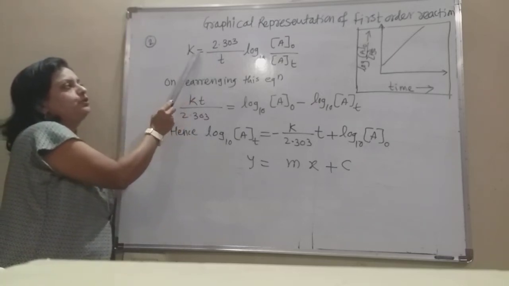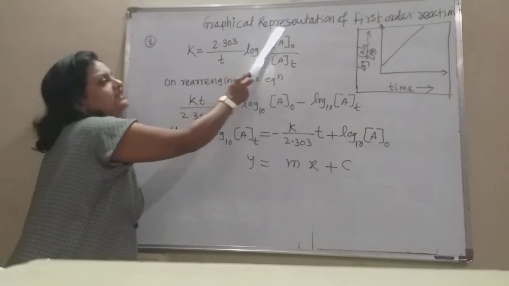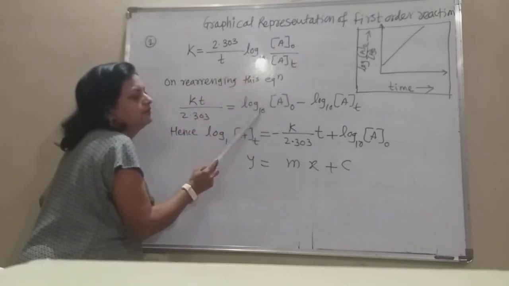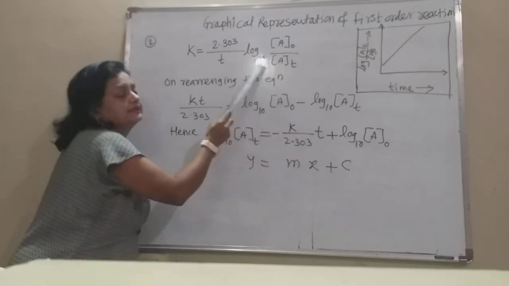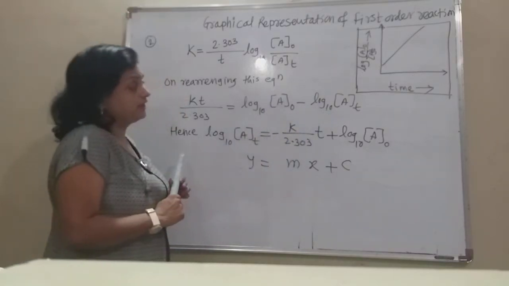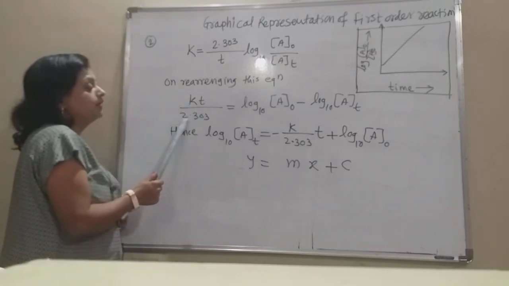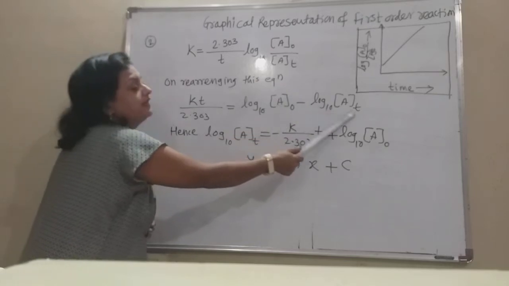So K into t divided by 2.303 is equal to the remaining quantity, but this quantity can be written as log to the base 10 of A0 minus log to the base 10 of At, because this is a division and that is subtraction. We can convert the log in this way. Now Kt divided by 2.303 is equal to log of A0 minus log of At.